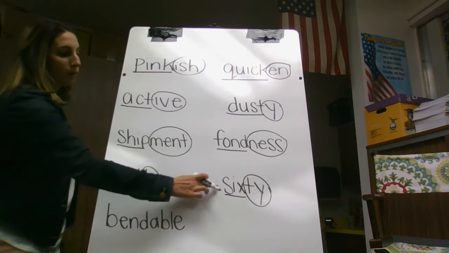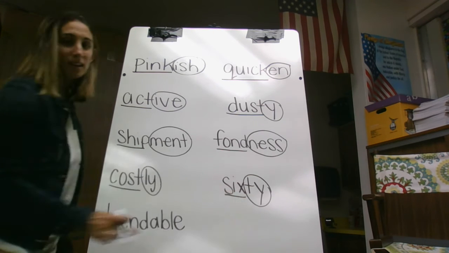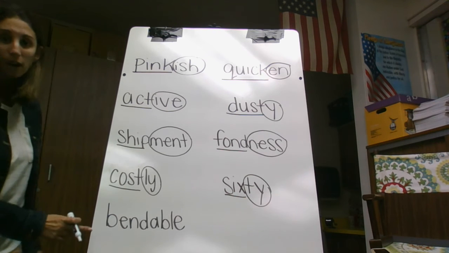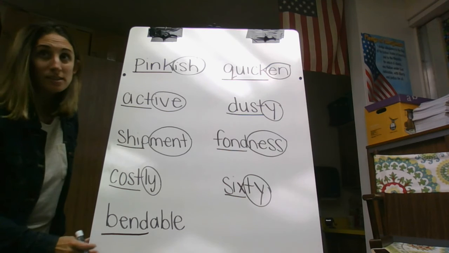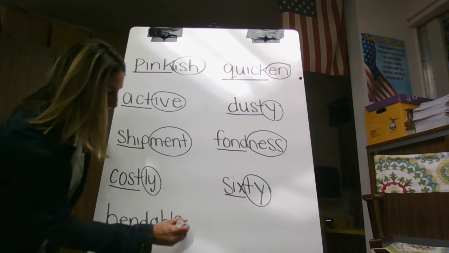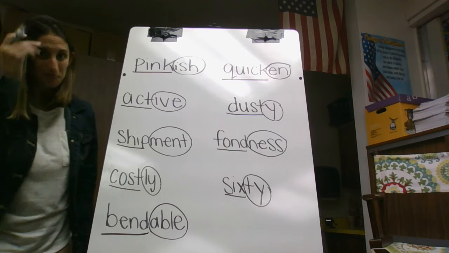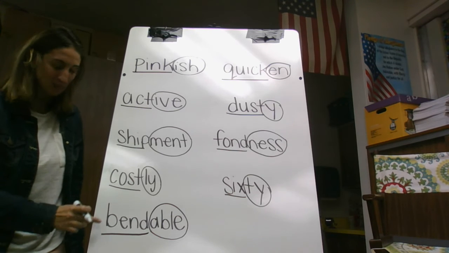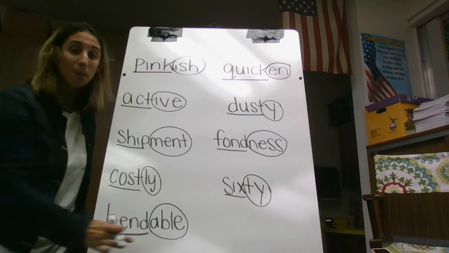So base word, six. Whole word, sixty. Last one. Base word, bend. Suffix, able, which always sounds like able. You'll hear in a second. Base word, bend. Whole word, bendable.